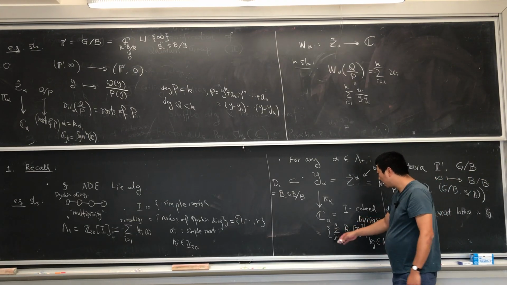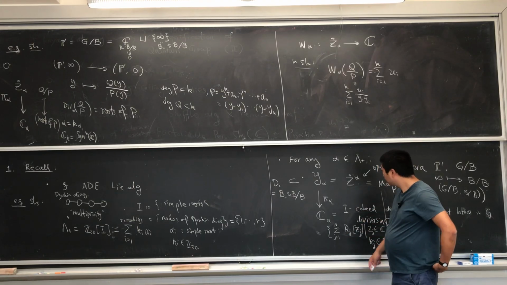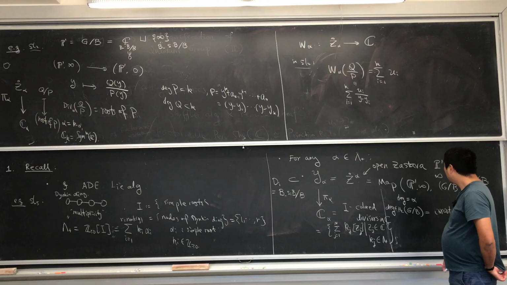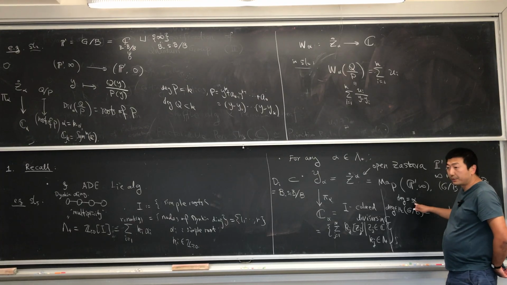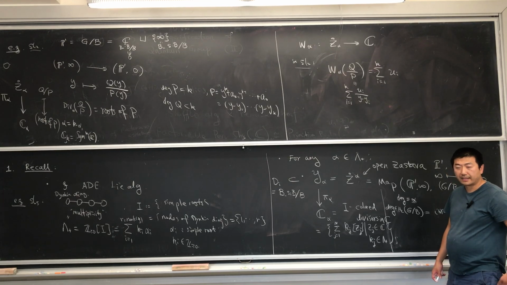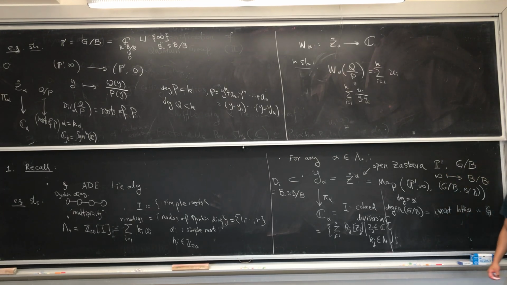No, this is only for positive alpha. Yeah, this degree has to be non-negative because this is the image of a holomorphic curve. It has to be non-negative.